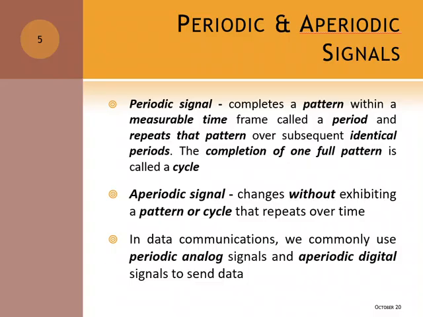Periodik ini signal yang ada pattern tertentu dan dia akan mengulangi pattern yang sama dalam satu time frame yang dikenali sebagai period. Bila dia memenuhi satu full pattern tu kita panggil satu cycle. Aperiodic signal changes without exhibiting a pattern or cycle that repeats over time. Aperiodic signal ni signal yang tidak ada pattern yang diulangi dengan berlalunya masa.